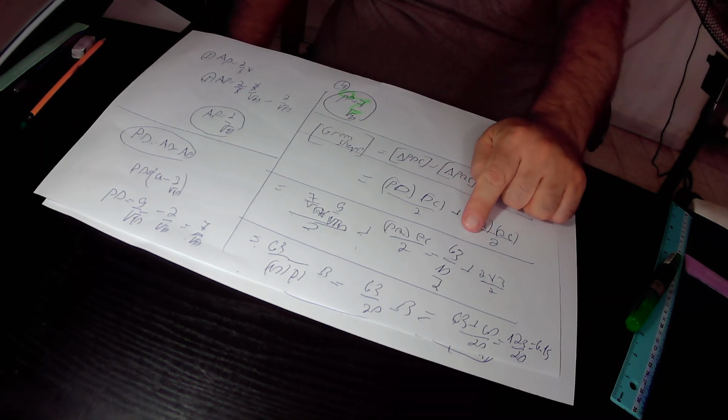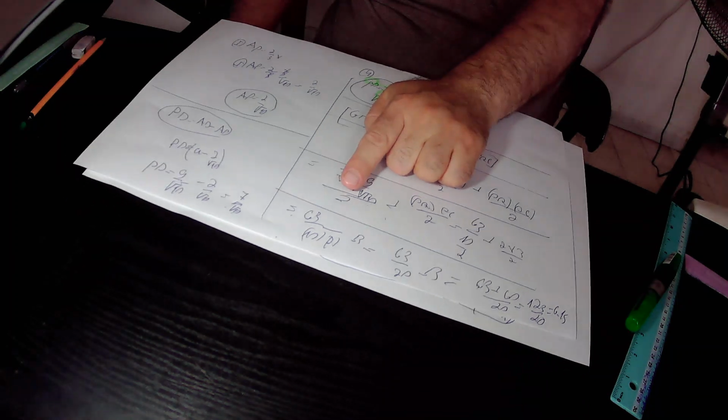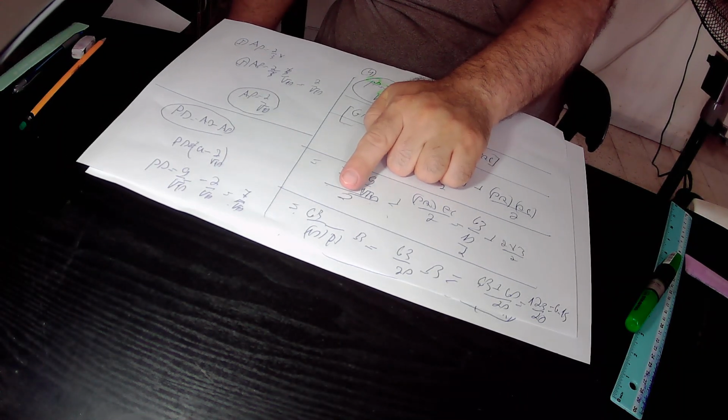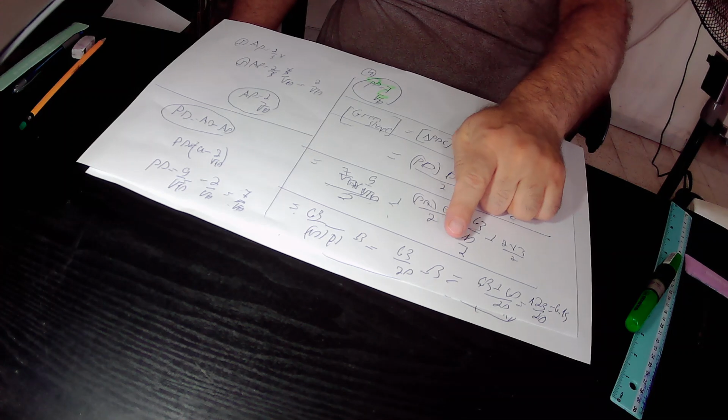And 63 over 10 over 2 is 63 over 10 times 2, and 10 times 2 is 20. So in total this expression equals 63 over 20 plus 3.